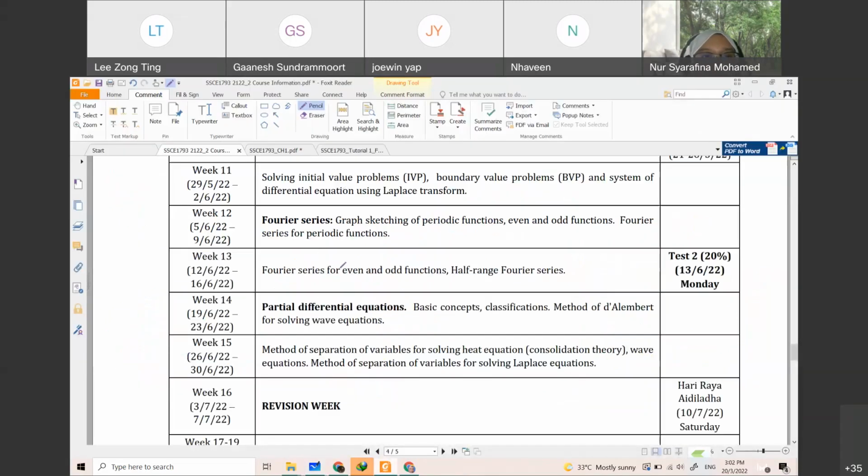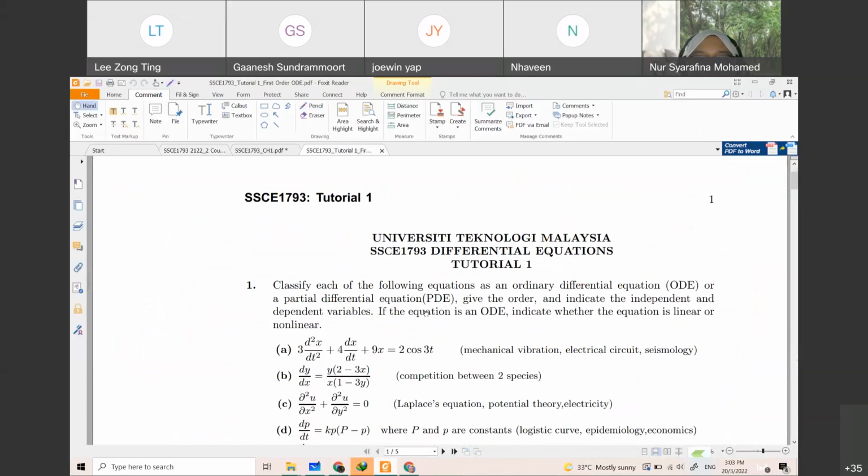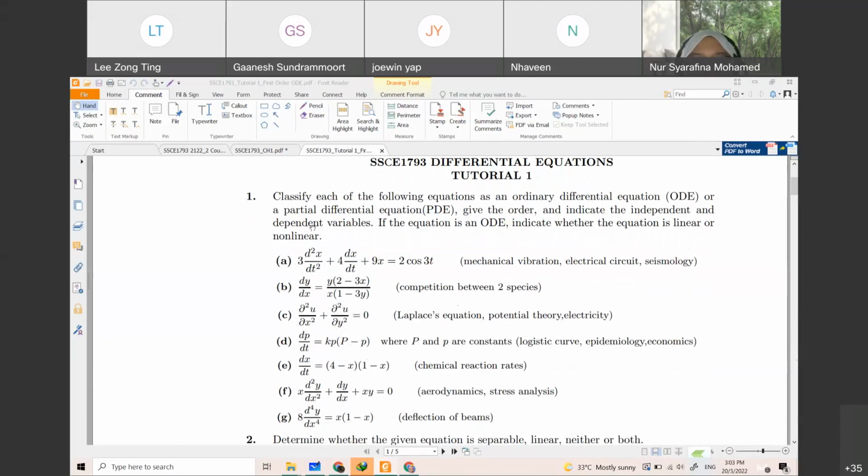I have also given you the tutorial, which guides you to understand which one is ODE and which is PDE, what the orders are, and to indicate the independent and dependent variables.